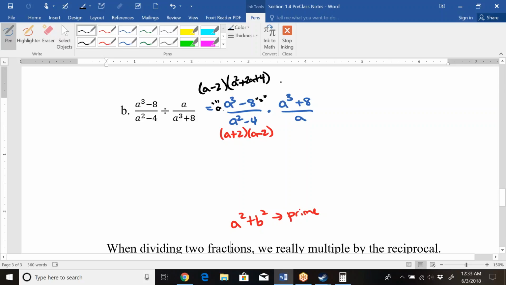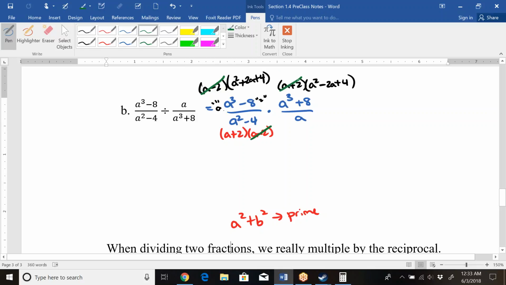This guy factors exactly the same, except the signs are going to be a little different. It's a plus 2, and then it would be a times a is a squared, a times 2 is 2a, 2 times 2 is 4. And then this one is same as the original, opposite to the original, always positive. So when we go ahead and get all of this here, we notice that there's an a minus 2 on both top and bottom, and this is times, so it can be either top with either bottom.